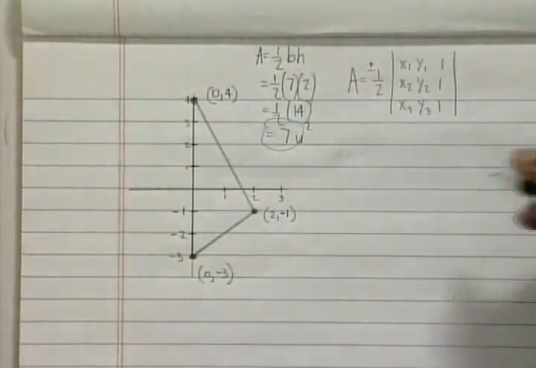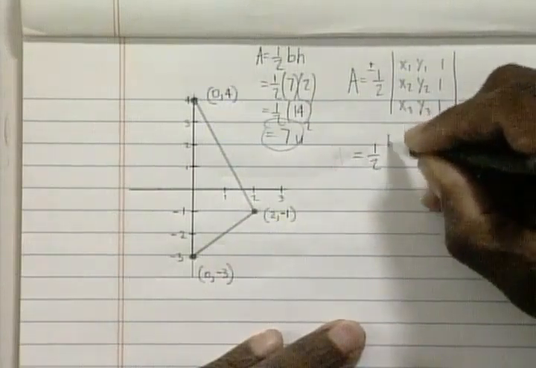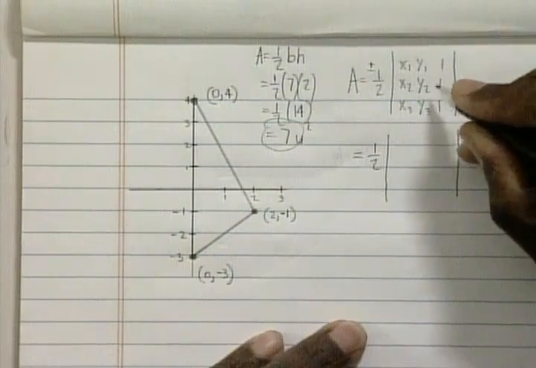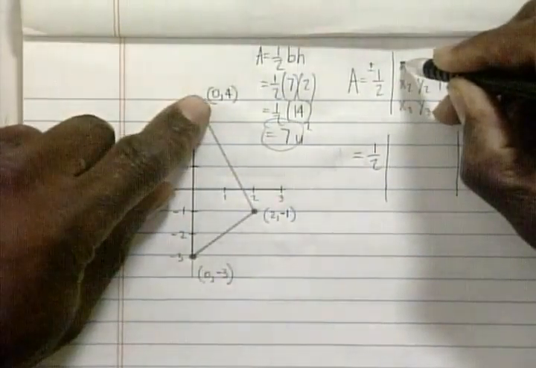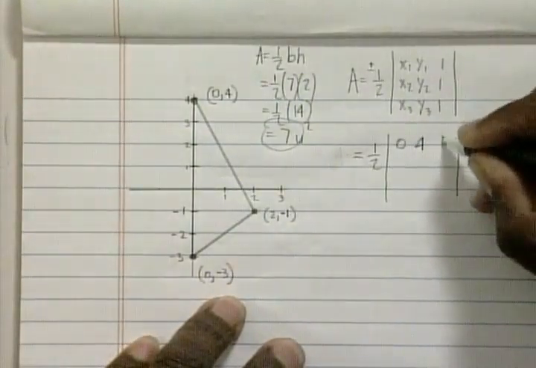But another way to find the area of the triangle is to take half the determinant of this larger 3x3 matrix. So the first point, let's call that point 1. That's 0, 4, and then by rule put a 1 there.